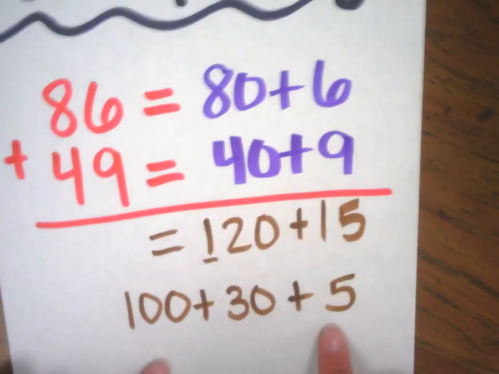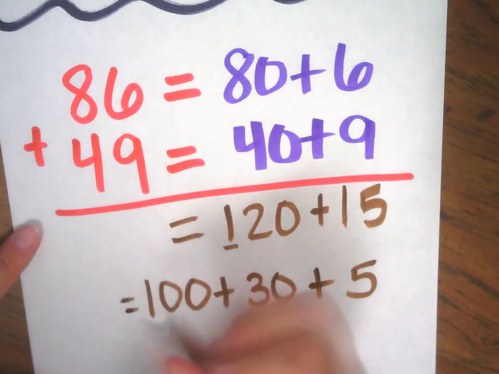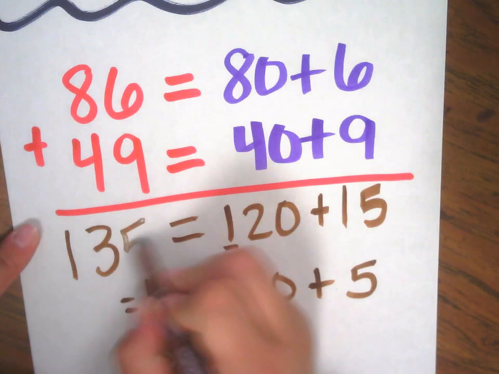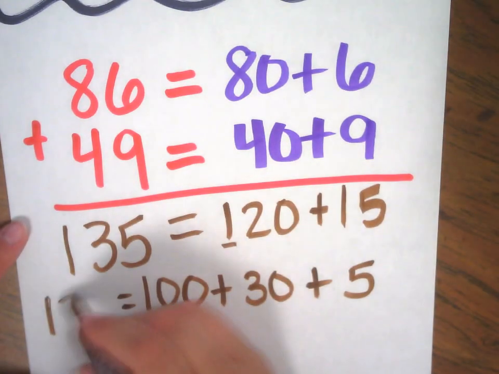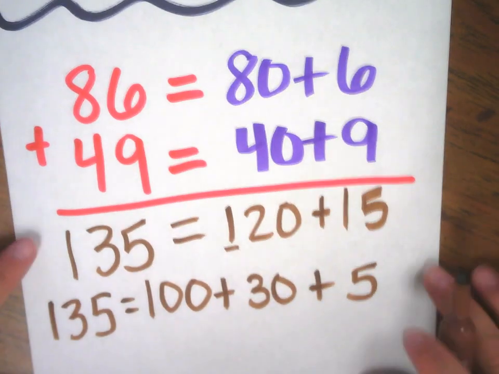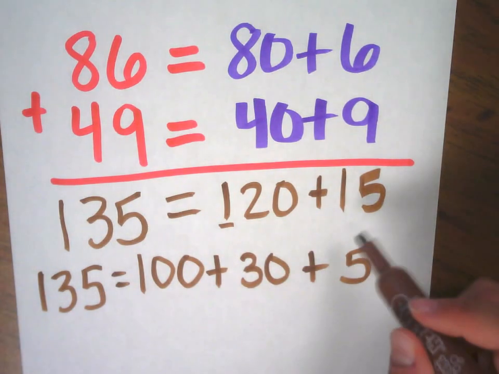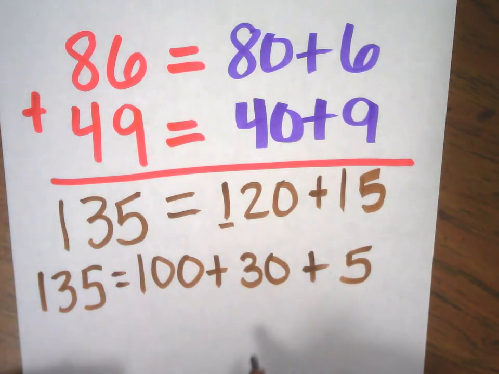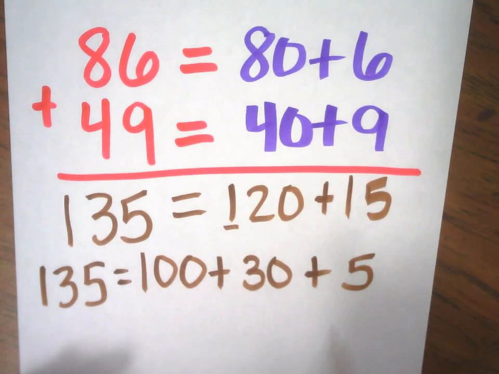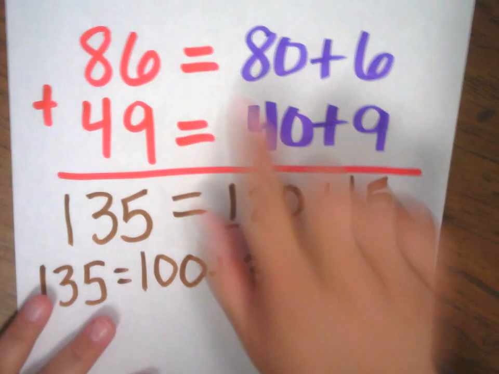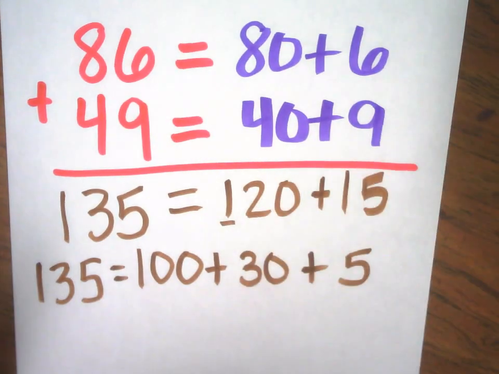This would be the correct expanded form, and that would give us our answer of 135. Now you could definitely just do 120 plus 15, but to put it back into full expanded form, we would need to do it that way. That is decomposing, where you just break it down into tens and ones. That's all you're doing for decomposing.